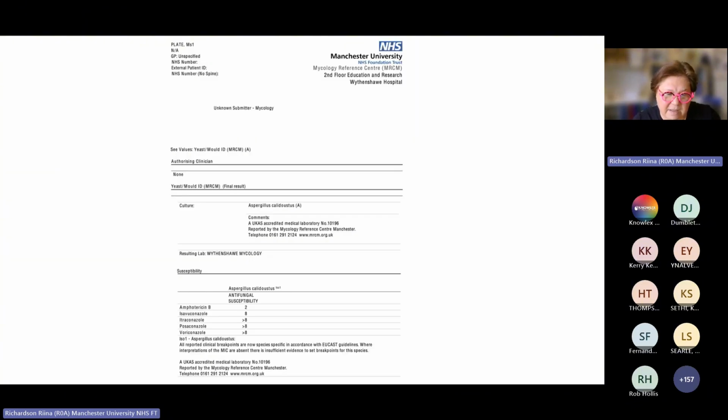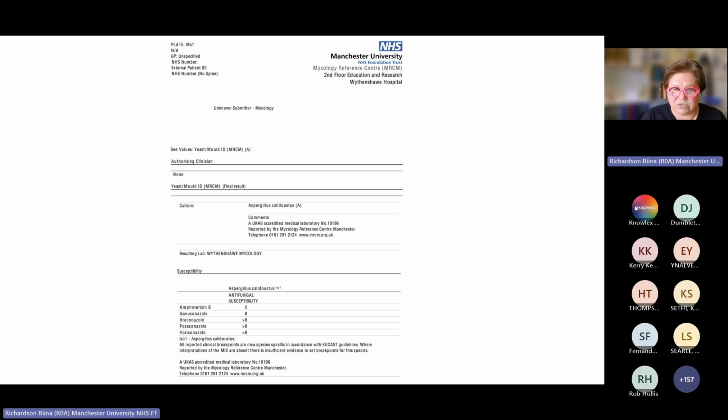We couldn't identify the fungus by conventional methods. We also sequenced it, because we do quite a lot of sequencing in our lab anyway, and got the name Aspergillus calidoustus for that mold species.